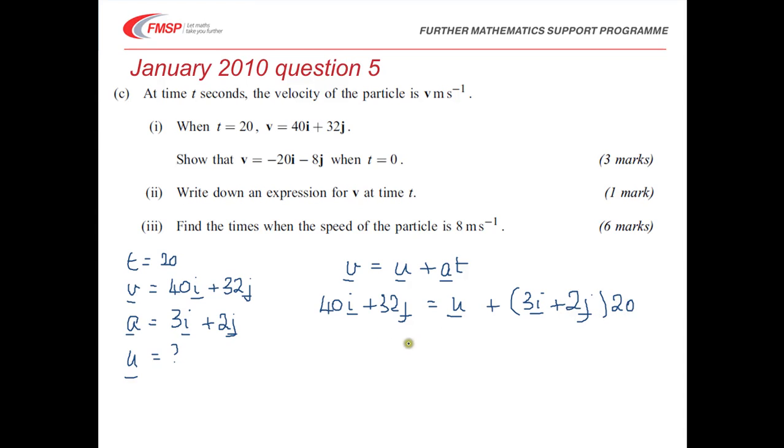So we should be able to do that now. We would have 40i there and 60 over here, so that's going to be minus 20i. Rearranging the sides, 32j on the left, 40j here, but we've moved the u over, so that's going to be minus 8j. So that now is our initial velocity, and the units of course would be meters per second.